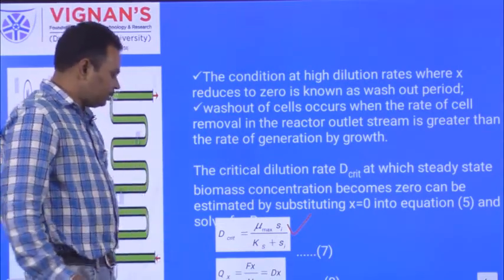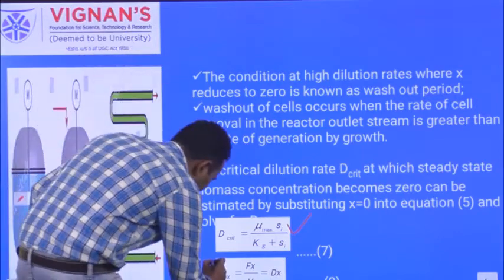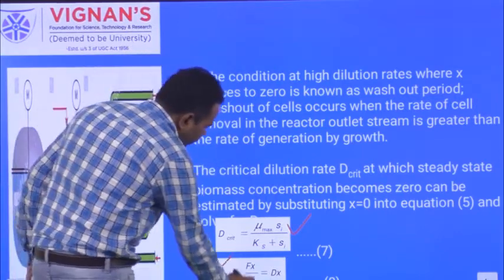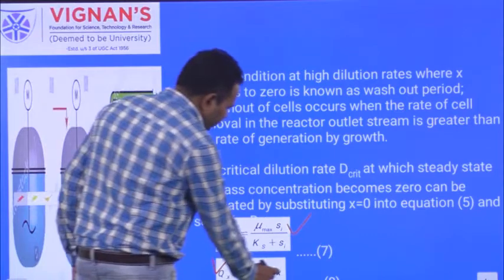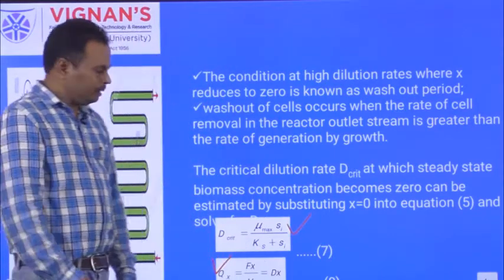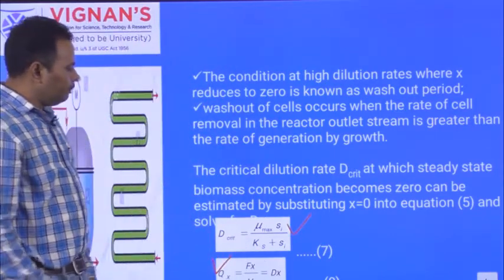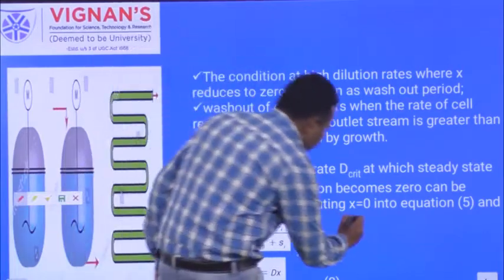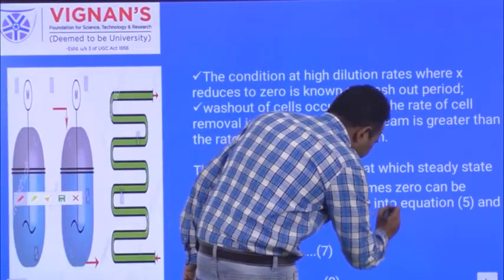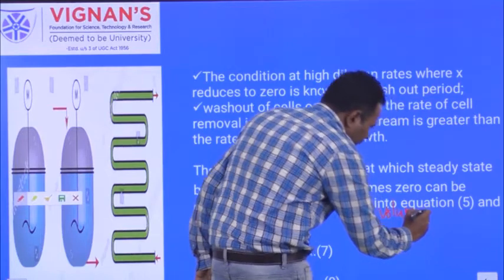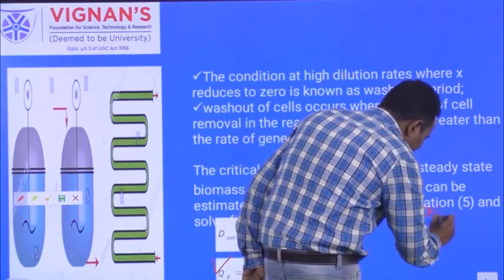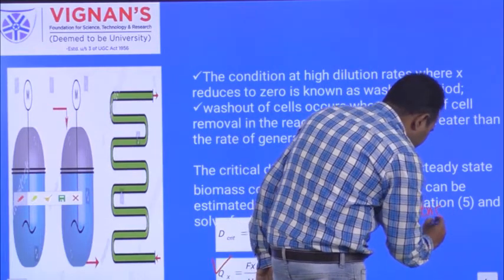Equation 8: Qx, the volumetric rate of biomass production, is equal to F by V into X. F by V is nothing but D, so Qx equals D into X. This Qx, the volumetric rate of biomass production, should be made maximum. At what point is it maximum?